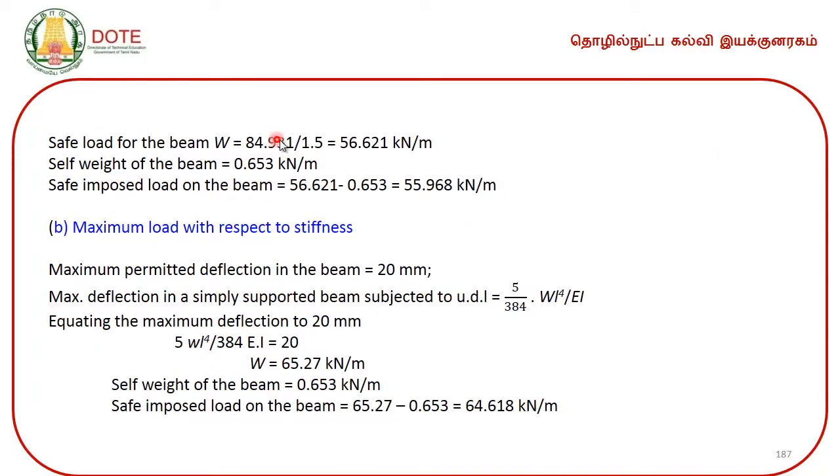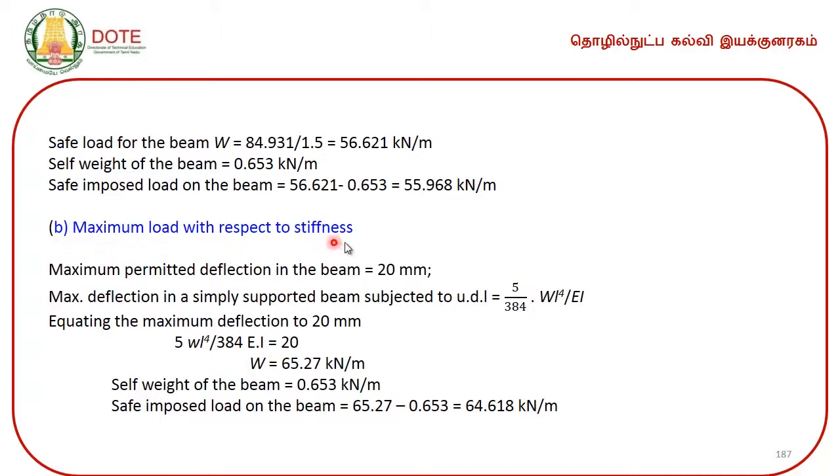Safe load on the beam, by dividing by the partial safety factor, is found to be 56.621, and deducting the self weight of the beam, the safe imposed load on the beam with respect to the bending moment consideration is found to be 55.968 kilonewton per meter.